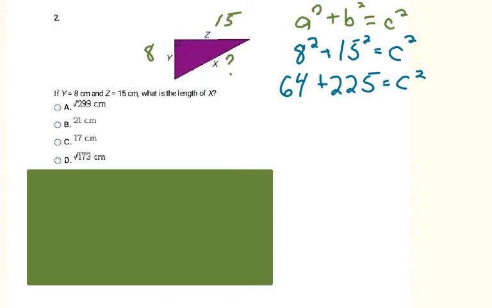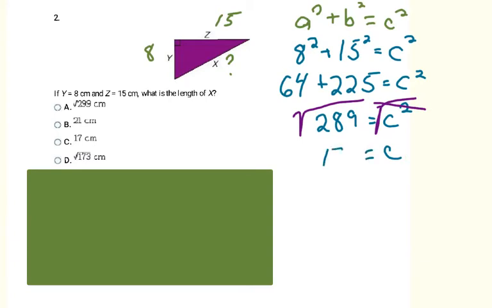Then I add them, and that sum is 289 equals c squared. My last step when I'm finding the hypotenuse is to take the square root of both sides. That cancels out the square, and I'm just left with a plain old C, and the square root of 289 is 17. So that means my length here is 17.